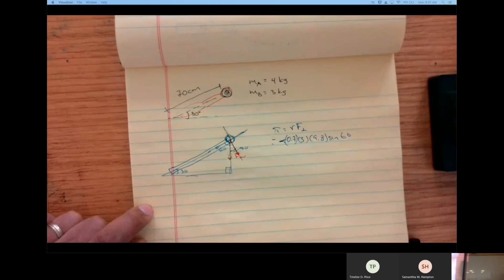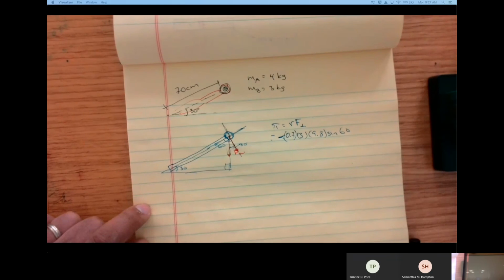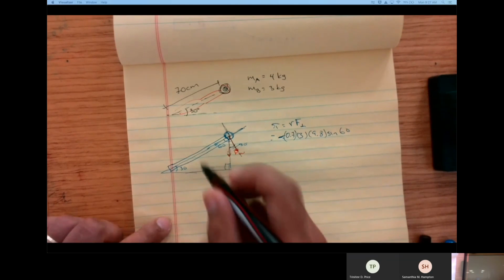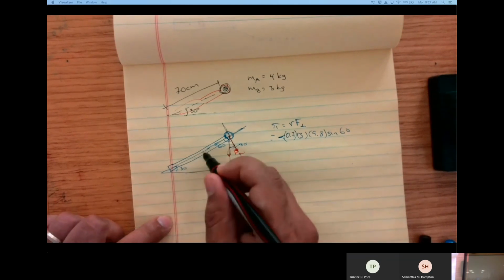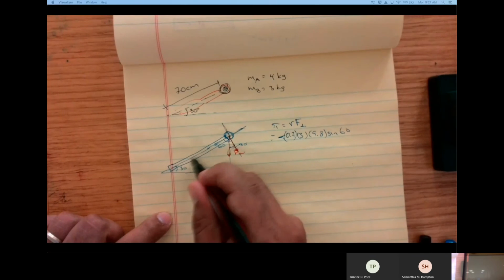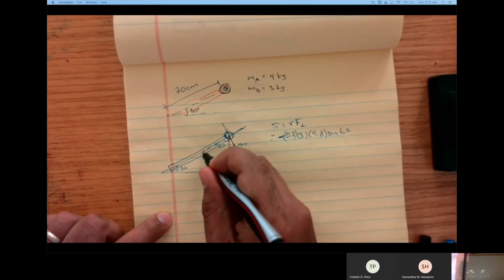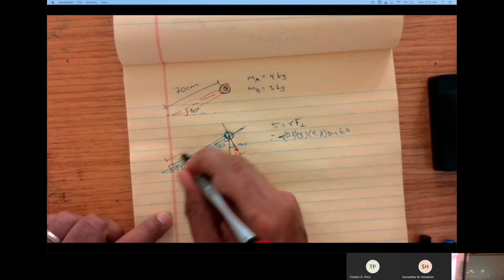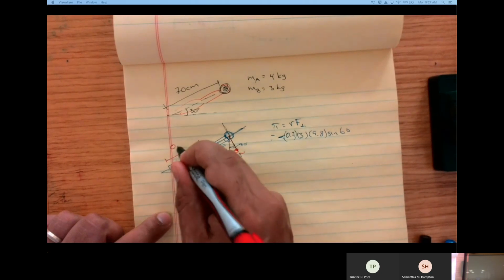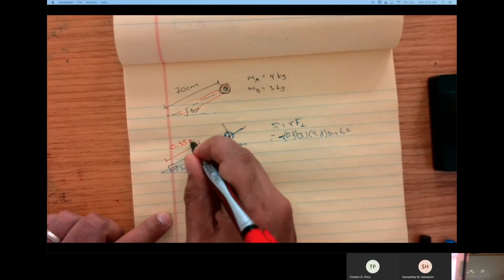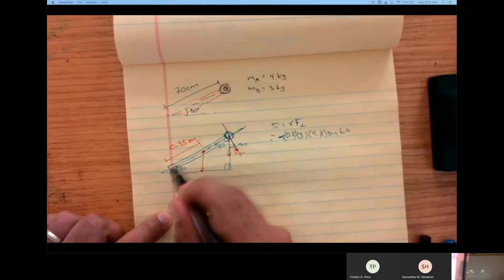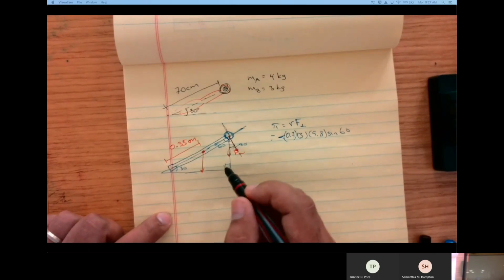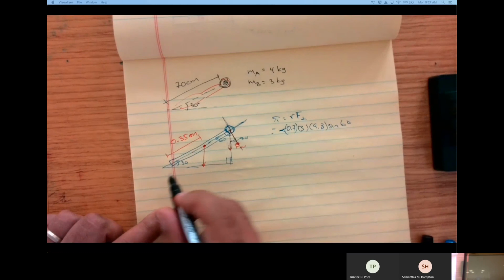Okay. Now, for the torque on the arm, I know that this force is at 0.35 meters from the pivot point. Now I'm going to be using the moment arm. The moment arm is going to be this distance over here.